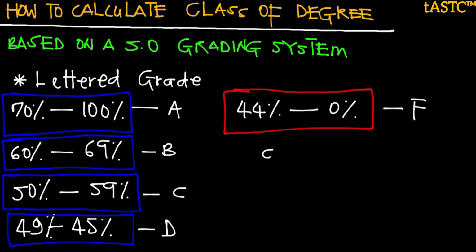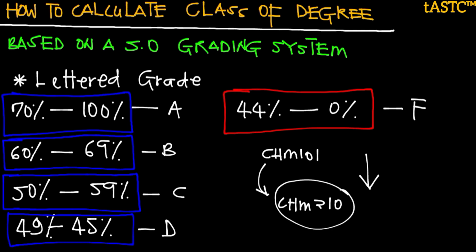So let us say you took a course like Chem 101, and this course is the prerequisite to another course like Chem 210. Now, even though you would be promoted to the second year, you will not be able to take this course because you failed this course.